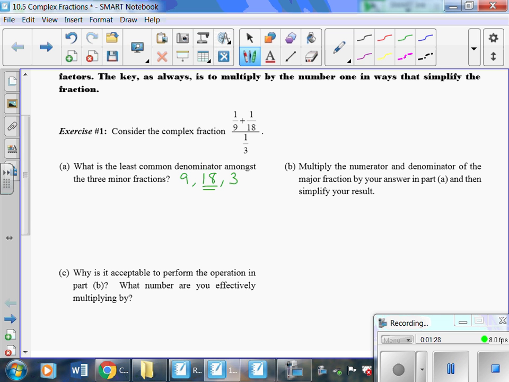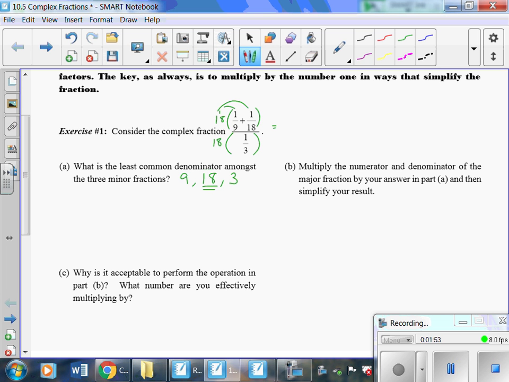B says multiply the numerator and the denominator of the major fraction by your answer in part A and then simplify your result. So basically, if you multiply the top by 18 and the bottom by 18, we can simply multiply straight across, and we can use the distributive property here a little bit. I'm going to work up here only because it's just easier.